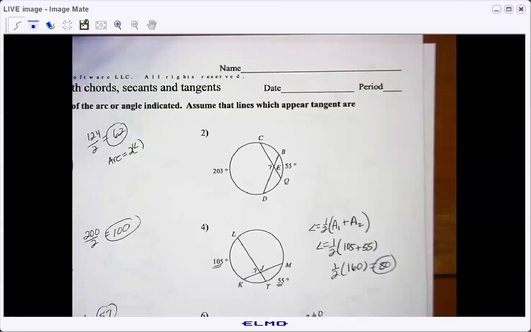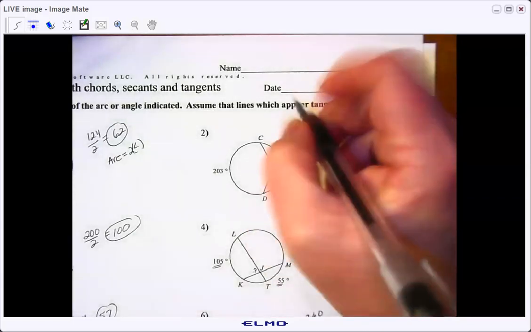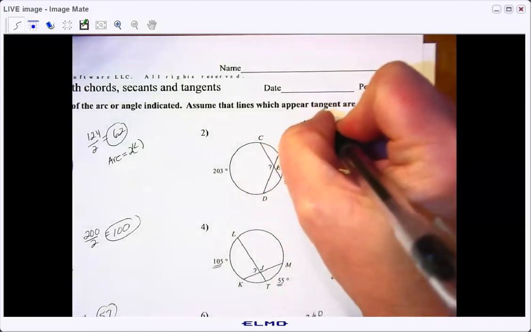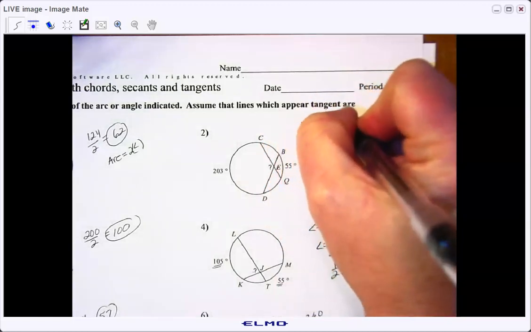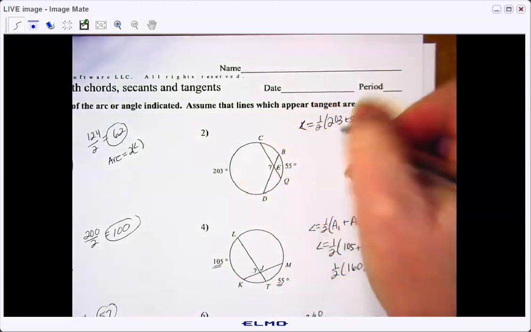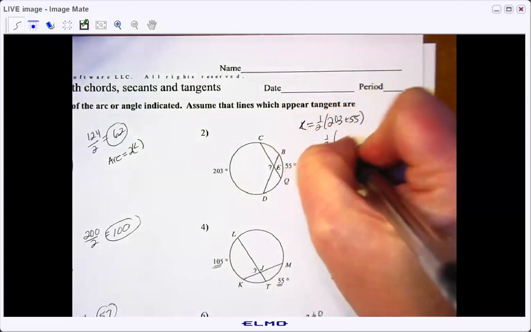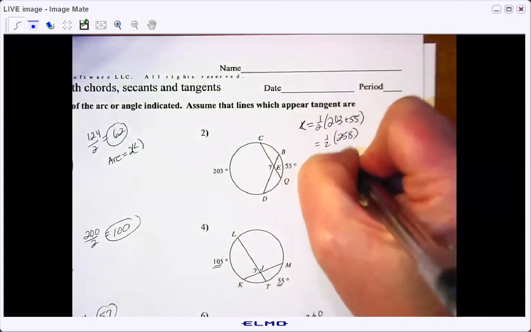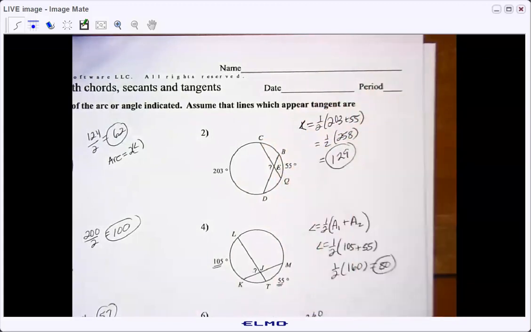And this was actually one of our example problems. So your angle is equal to 1/2 of 203 plus 55. 1/2 of 258 does indeed give us 129.